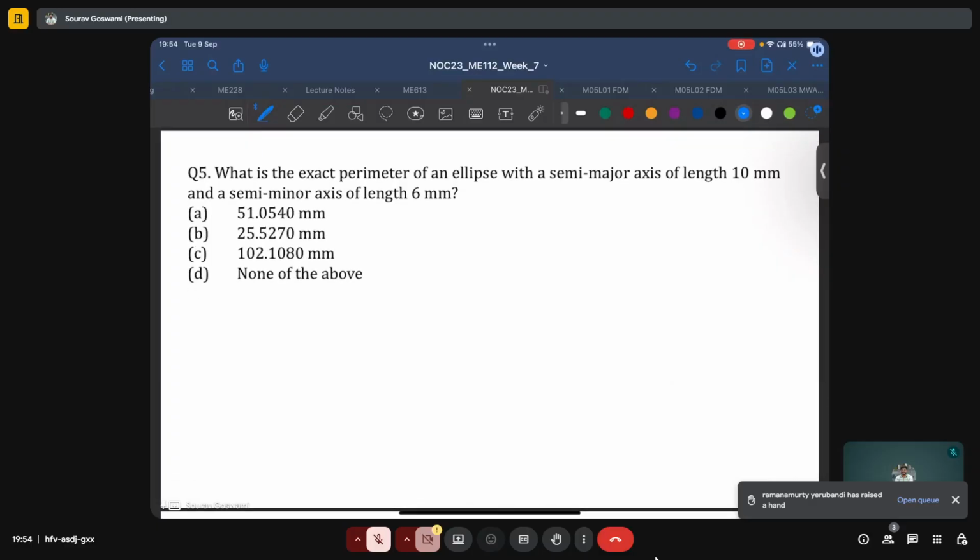The fifth question is asking us, what is the exact perimeter of an ellipse with a semi-major axis of length 10 millimeter and a semi-minor axis of length 6 millimeter?